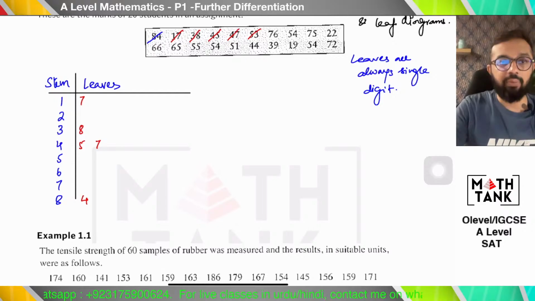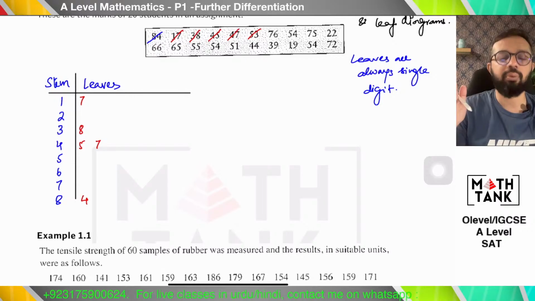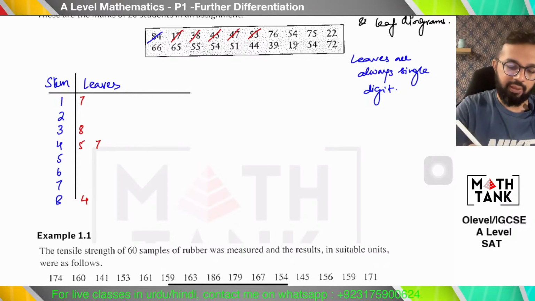Okay. Now remember that when I write 7, I cannot put a comma. Don't put a comma when you are drawing a stem and leaf diagram. That's wrong. You have to make sure that you leave a certain amount of space and then write your number, whatever your number may be. 53.